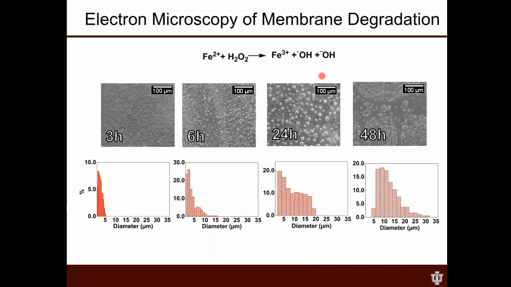And Fenton's reaction is shown here at the top, where we chemically decompose peroxide into an anion and a peroxide radical. That peroxide radical then can attack the naphthalene membrane, and it generates these defects. And what you can see is with time, you generate small defects, but as that membrane is exposed for longer and longer times, the defects become larger.